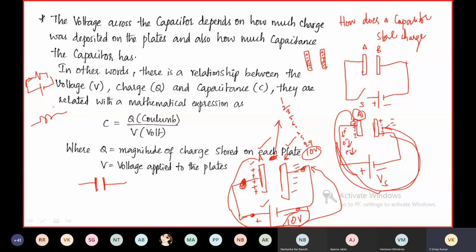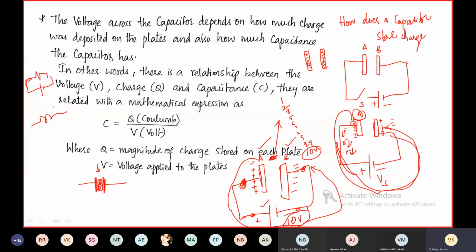Through the interior of this capacitor no current flows, because no conducting medium is present between the two plates. If there were a conducting medium, conduction current would flow.